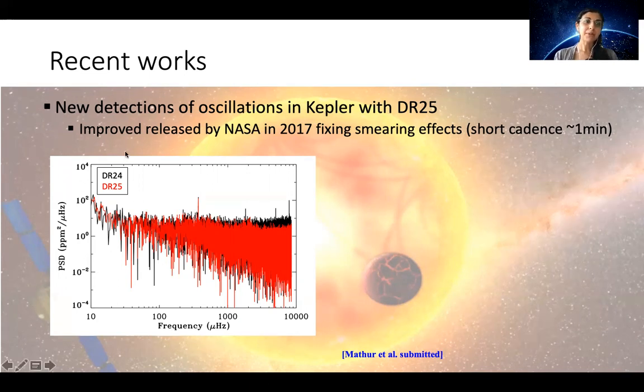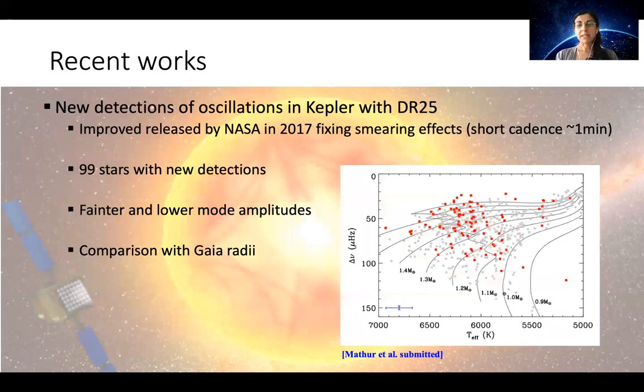And here you have an example of one of these stars where you have the DR24 in black and the DR25 in red, the new data. And you can see how the bump of the oscillation appears better with the new data release.